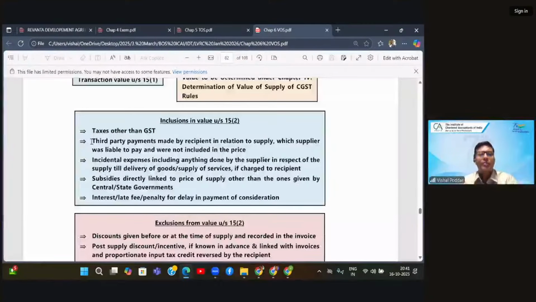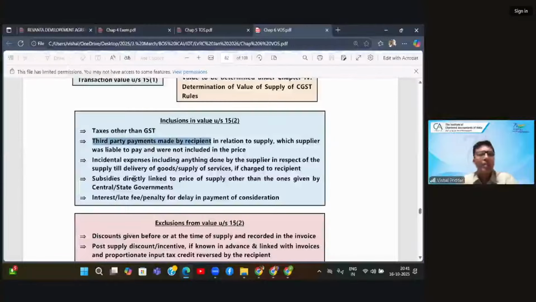Then the next is where originally there was some liability of the supplier. So for completing this supply, the supplier was supposed to make some expenses. But because of some last minute adjustment, the supplier couldn't make these expenses or payments, and hence on behalf of the supplier, the recipient made the payments.